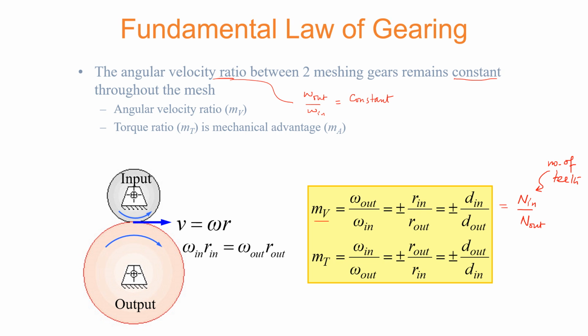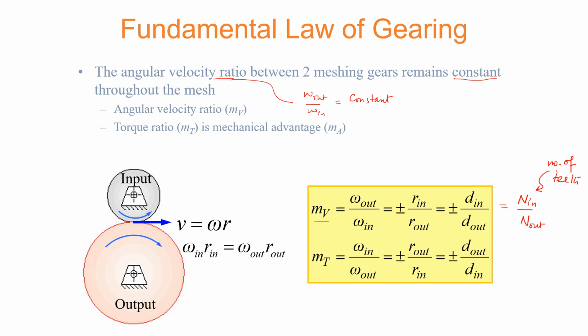So this is going to indicate that we can count the number of teeth, and that is going to give us the angular velocity ratio, which is going to remain constant in two meshing gears. So this is going to be a very nice expression to use whenever there is a multiple set of gears meshed together, or a gear train, if I may say that.